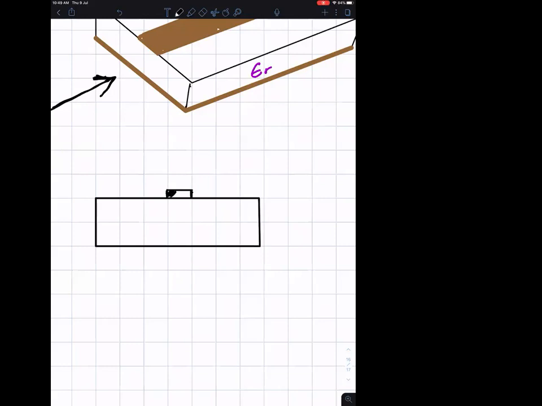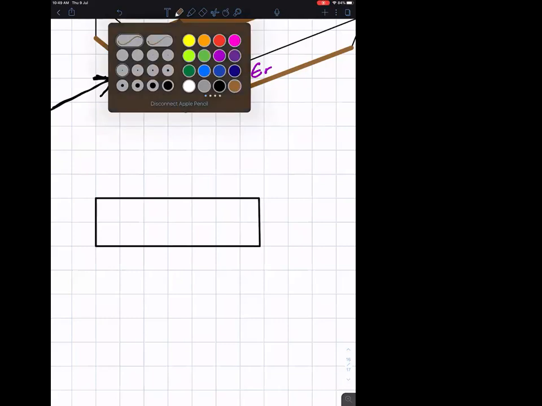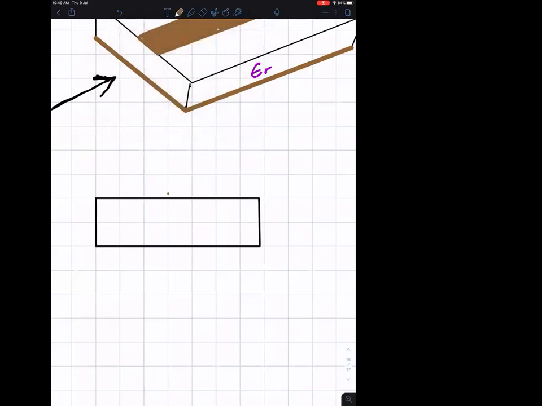I'm just exaggerating the thickness of the copper. Let me use brown color so that you know this is copper. So this is a copper trace. Usually it's not this thick. It's very thin.